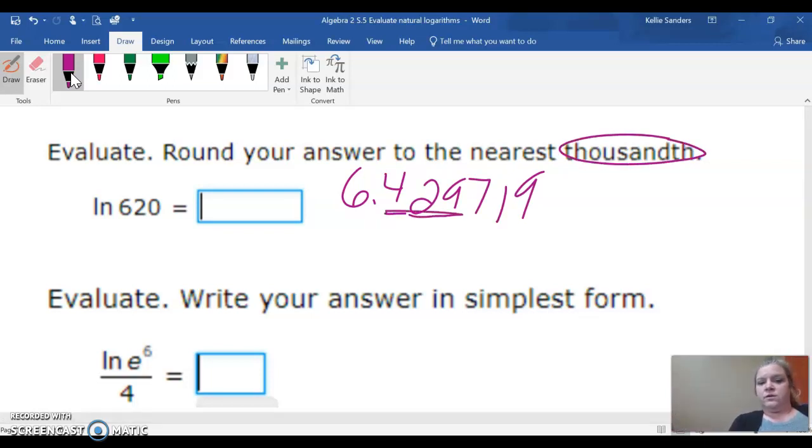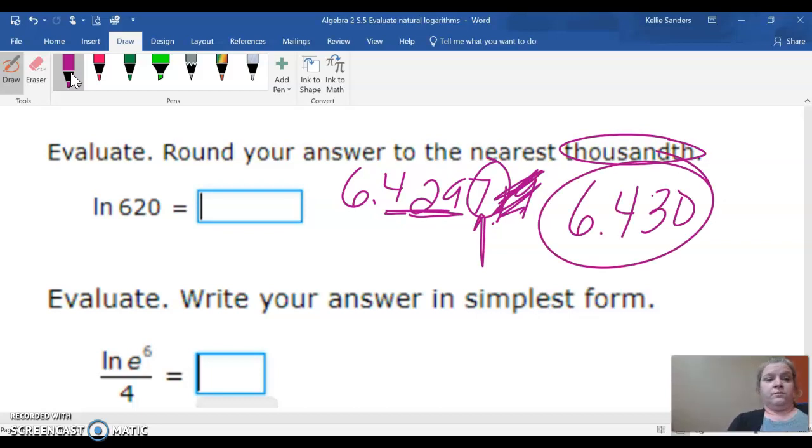So 1, 2, 3. So we look at the fourth number. We didn't need those, and the 7 is 5 or bigger, so it does change the 9 to a 10. So 6.430.